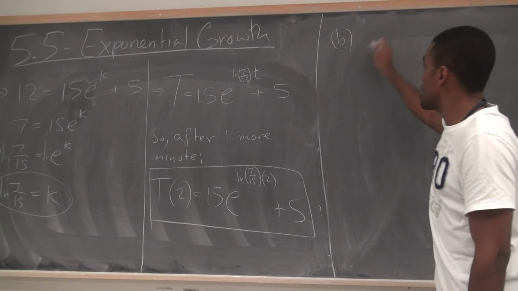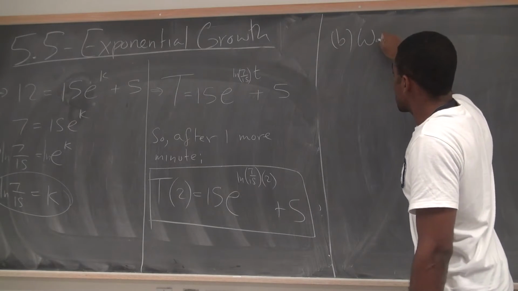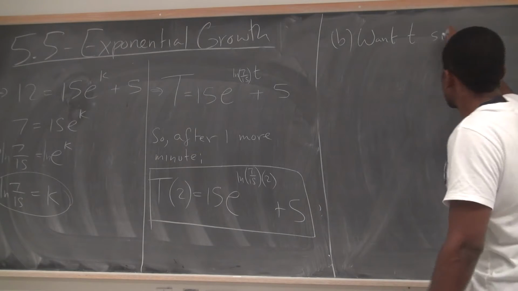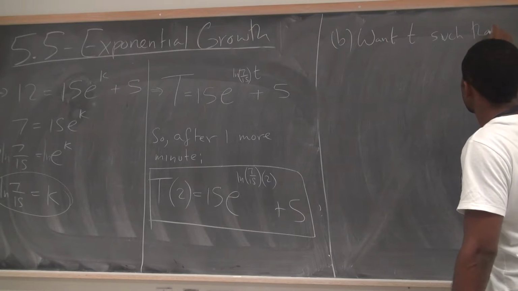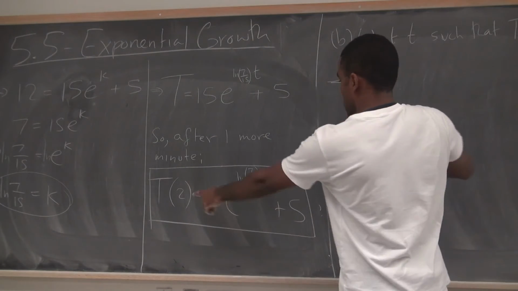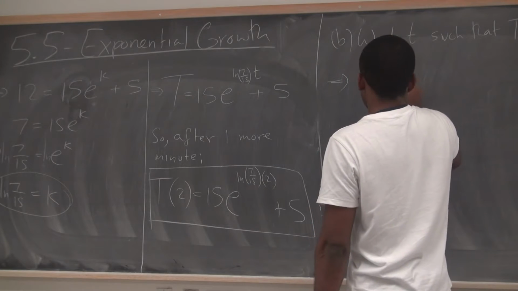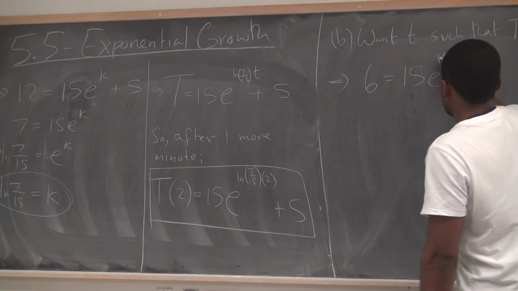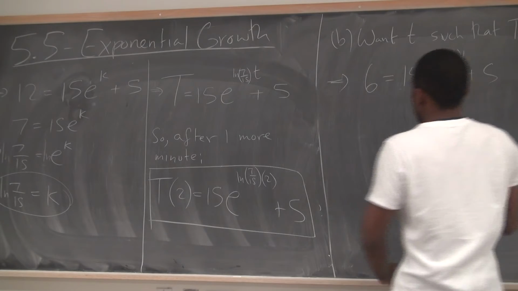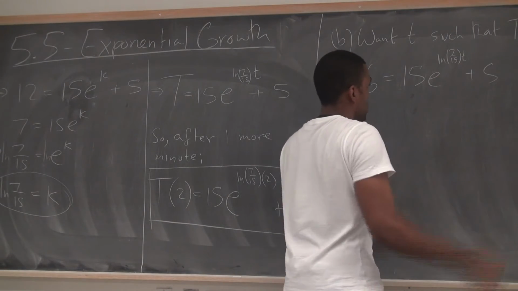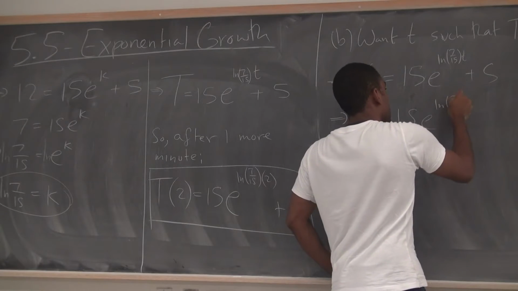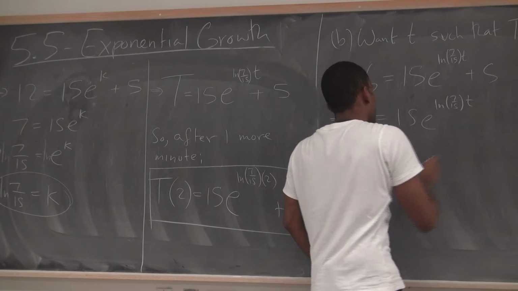So you just put 6 here. We want t such that T equals 6, which means I simply plug in 6. That gives me 6 equals 15 e to the ln of 7 over 15 times t, plus 5. And it's just algebra again, so this is 1 equals 15 e to the ln of 7 over 15 t.